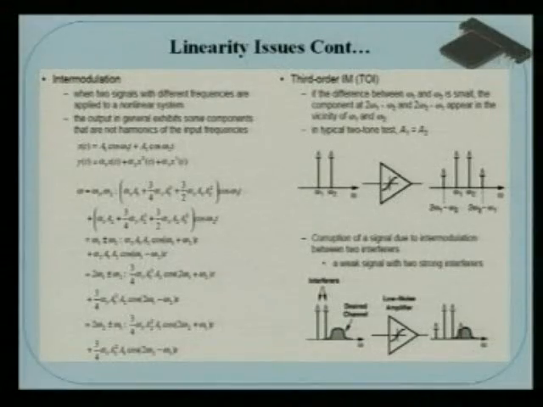So the design of a front end for linearity improvement is a major challenge, not by reducing or increasing the power, but even using the same other parameters like noise figure and power consumption, keeping them intact. If you can increase the linearity, that is the challenge in RF design.